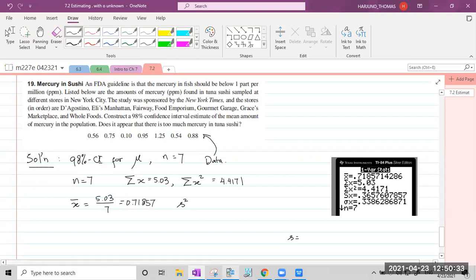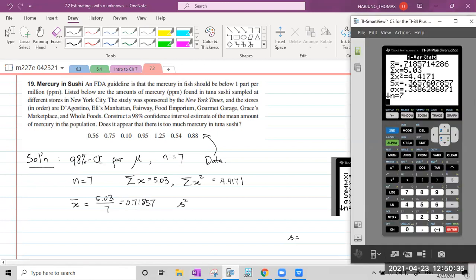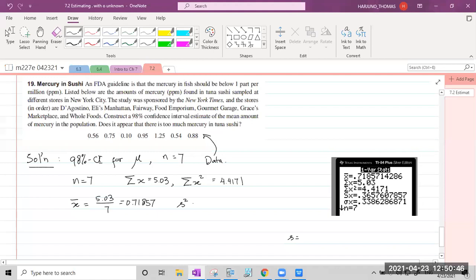You can use your calculator to compute though, to confirm. That's 5.03 divided by 7. Do you get the same thing? Okay, now how about the sample standard deviation?